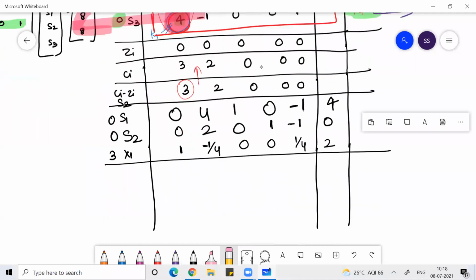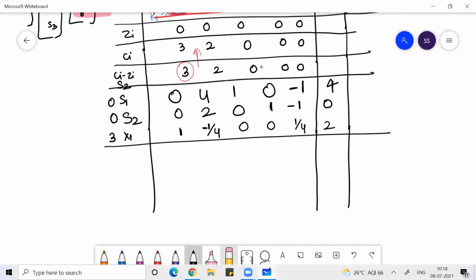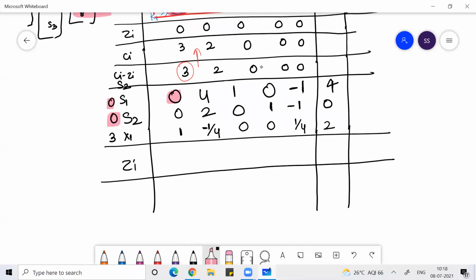Now we'll find the Zi value. So the Zi value, how will you find? Very simple. 0 into 0 plus 0 into 0 plus 3 into 1, that would be 3.